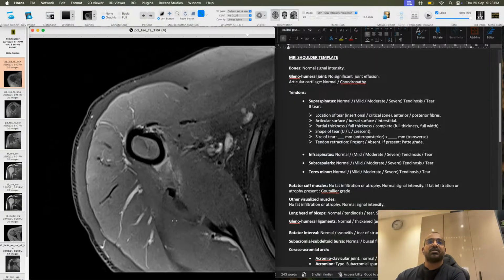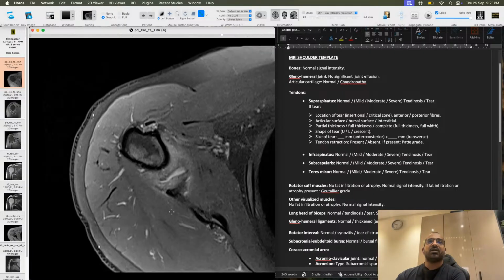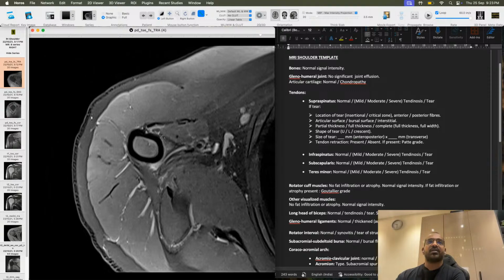So you can see this is the muscle of teres major. Most of the scans will not cover teres major. It will be located somewhere here. There is a mnemonic, lady between two majors. So you'll have pectoralis major here, teres major here, latissimus dorsi is sitting in between. If you go a bit down, we'll see that section.